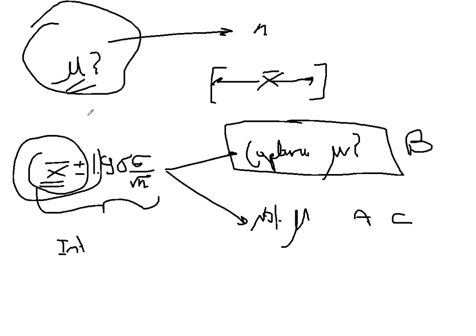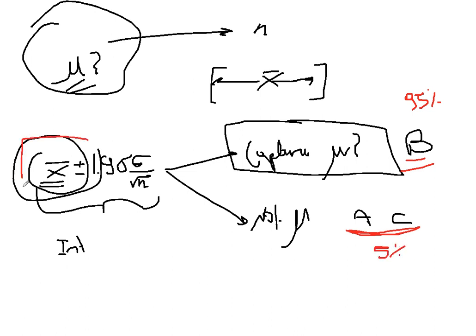You have no idea where your X bar is. But if you remember a few minutes ago, we said that the probability that your X bar is going to be in B is 95%, and the probability that it's in either A or C is actually 5%.